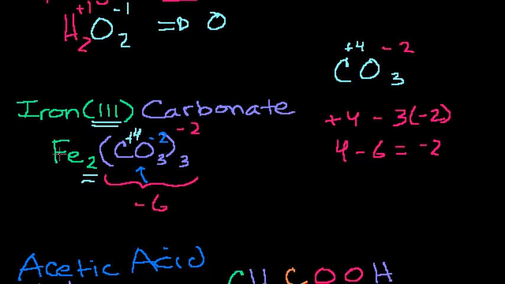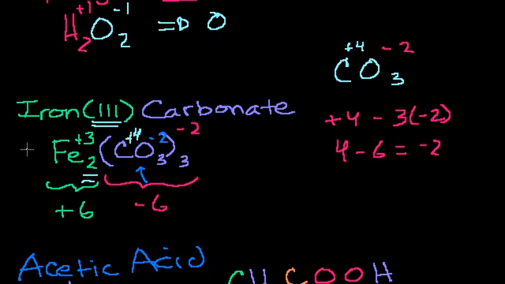If this is -6 and this is a neutral molecule, then our two irons are also going to have a +6 oxidation state, because it all has to add up to 0. If both irons combined have a +6 contribution to oxidation state, then each of the irons must have a +3 oxidation. Or in our hypothetical world, at least 3 electrons are going to favor the carbonate from each of the irons.